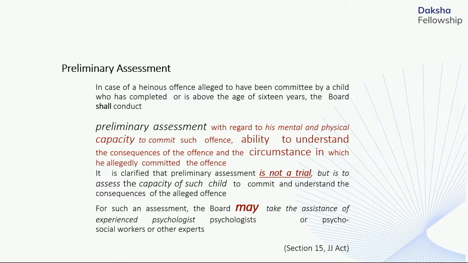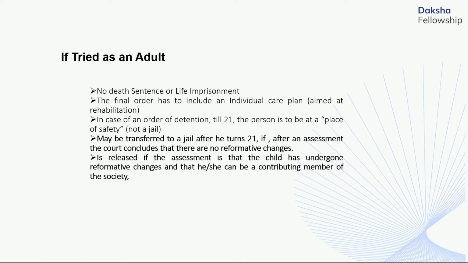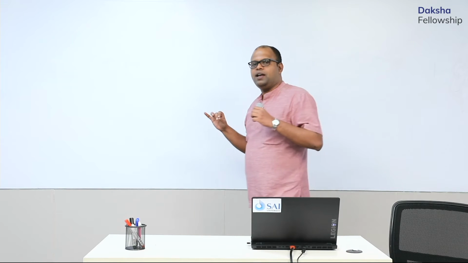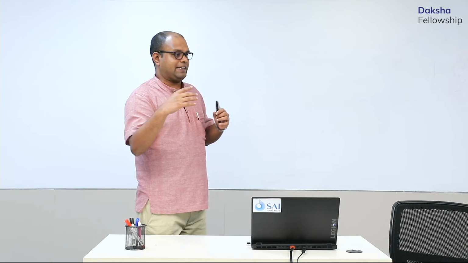All right. Now the funny thing is, even after the preliminary assessment and an adult trial, the orders that the Children's Court can pass are what the JJB may pass, so all your reformative set of orders. But there's an additional option that you can intern that person in a reformative institution till the person turns 21. And at 21, once again an assessment is made.